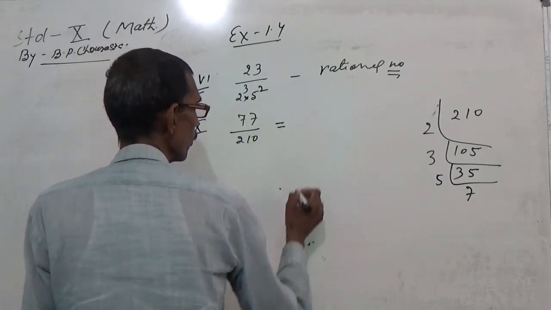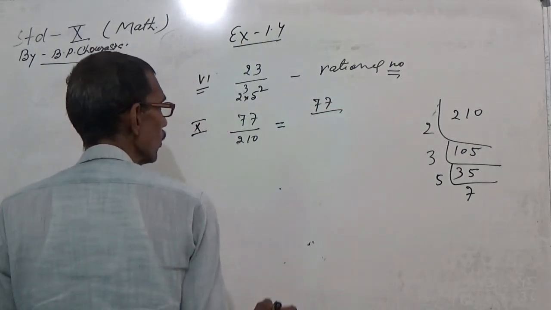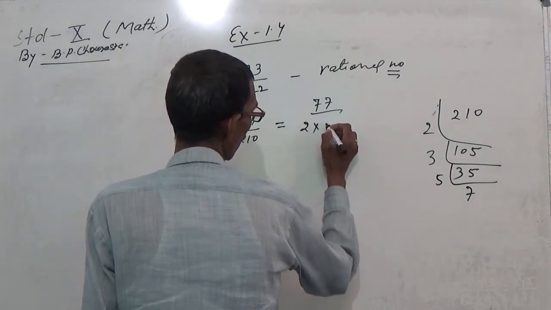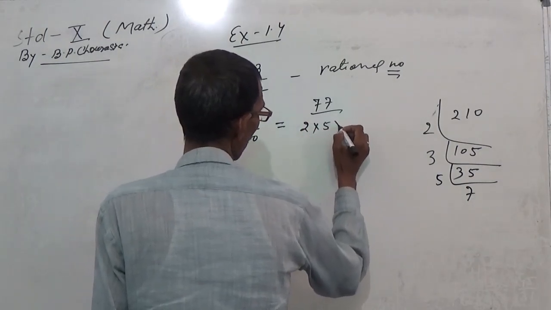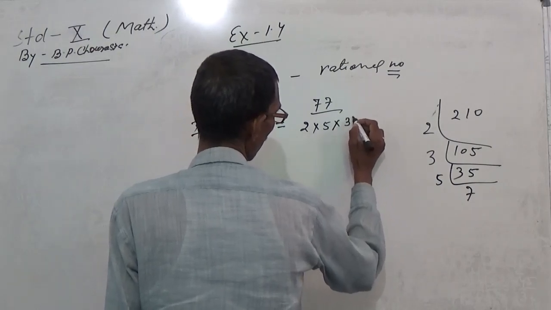This is equal to 77 by 2 into 5 into 3 into 7.